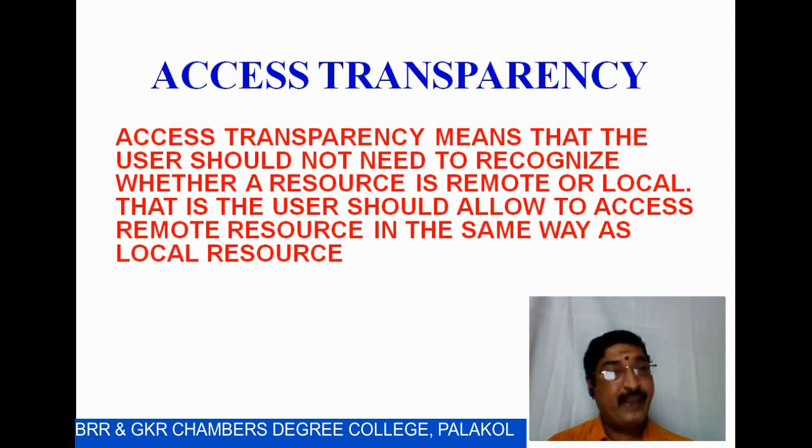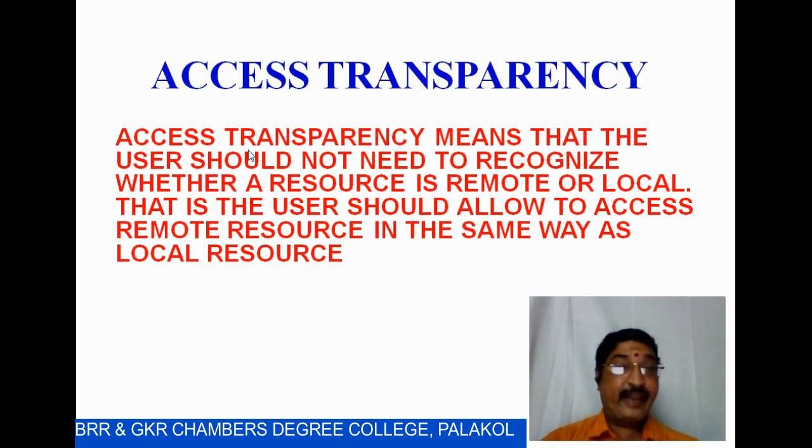The data may be available on his local computer or at a remote server. He must get the details only, without knowing whether the data is from a local or remote computer. That's why where he is accessing data from should not be revealed.